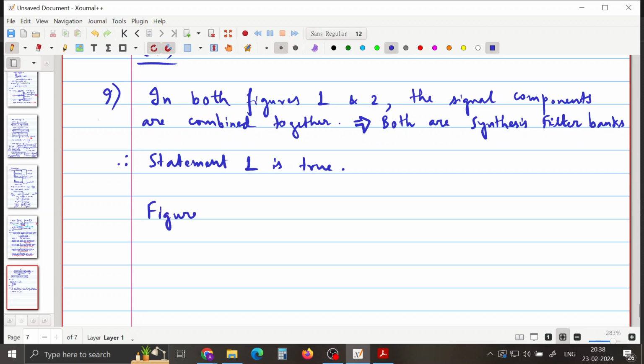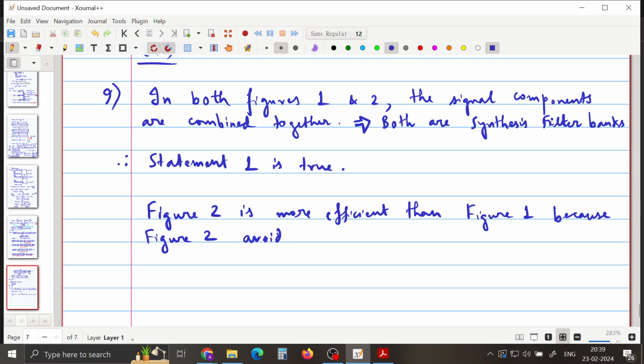Figure 2 is actually more efficient than figure 1, because, for the reason I have already mentioned, figure 2 avoids the unnecessary computations.